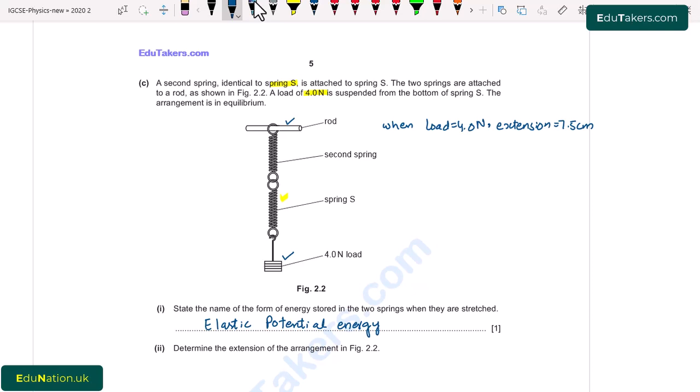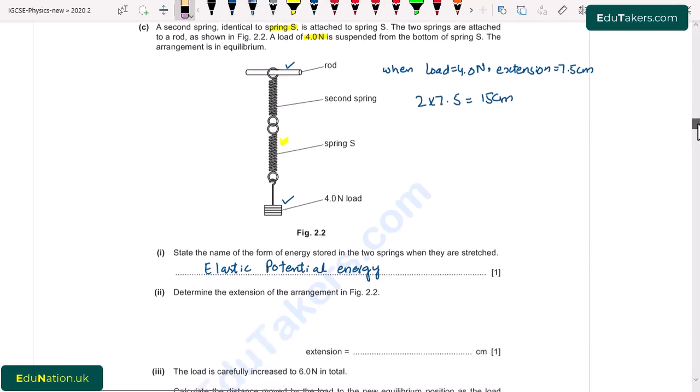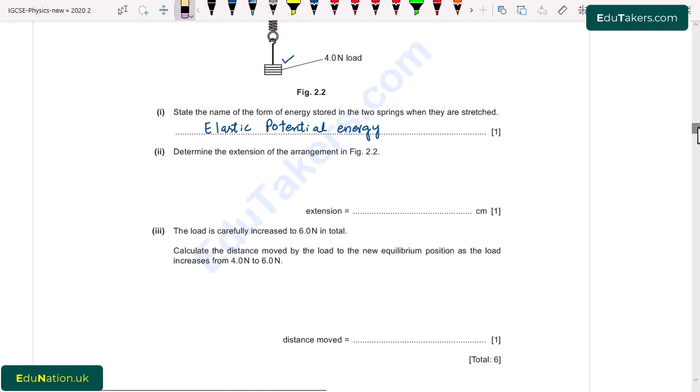When we attach the load to this system of springs, both of the springs will extend. That's why I multiply this value of extension with 2, because there are two springs. So 2 multiplied by 7.5 will be equal to 15 centimeter. So the extension of this system will be equal to 15 centimeter. I write here 15 centimeter.